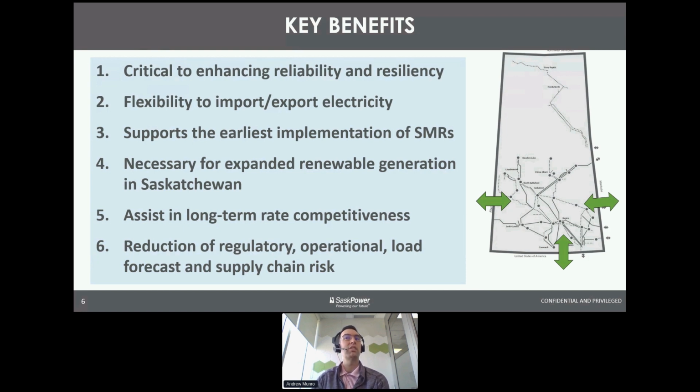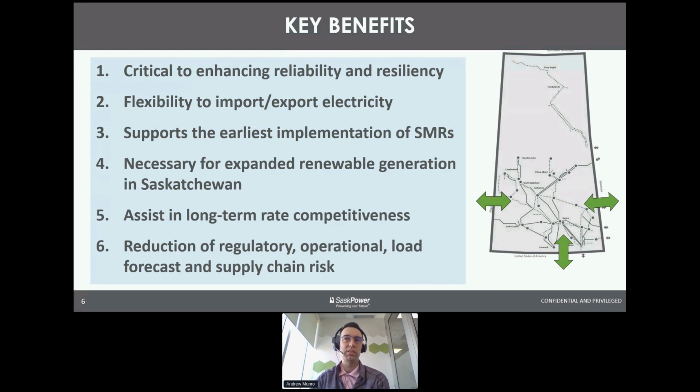So we have less flexibility from our existing hydro units than we previously had. And so having larger interties can help increase our flexibility and help manage that regulatory risk of what if our hydro units' operational flexibility reduces even further. Then that risk can be managed by having more interties to move energy.